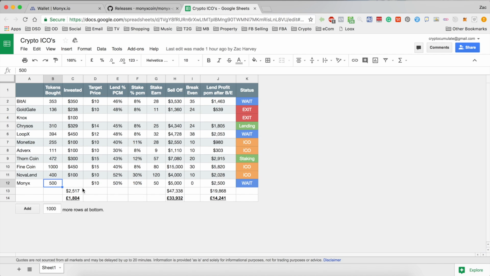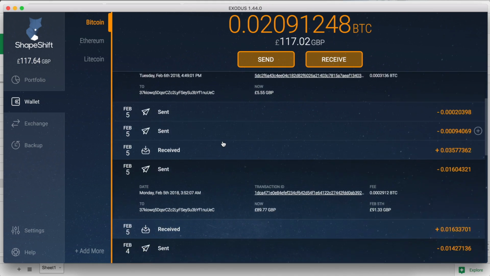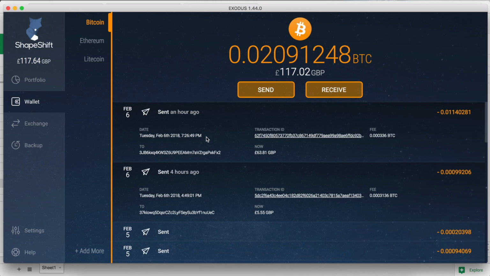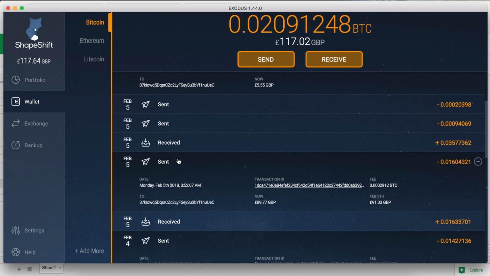But in order to update this, I need to know how much I invested in total. Because I've sent it over in multiple transactions, I'm going to log in and look at my Exodus history, and basically I've gone through and found all the transactions where I've sent to my Monyx wallet, and then clicked on it to bring down this extra information.